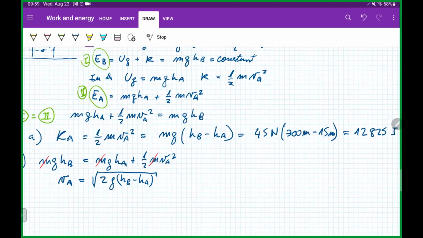So that's the expression relating the final speed with the variation of the y coordinate. So this is delta y basically. All right.